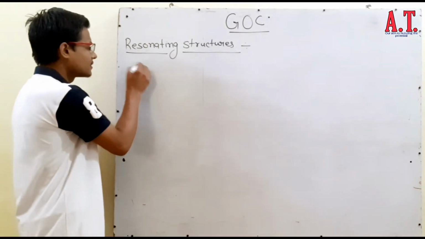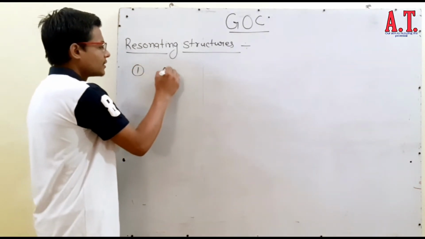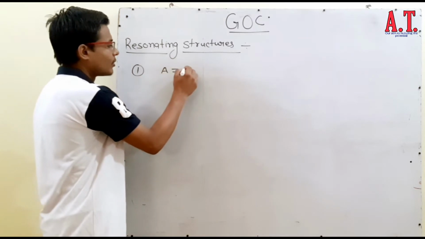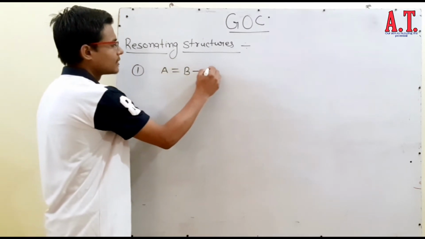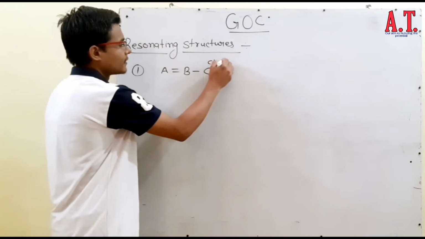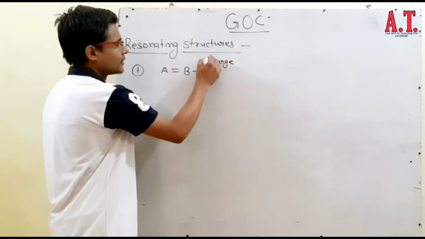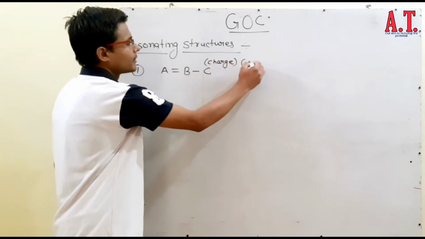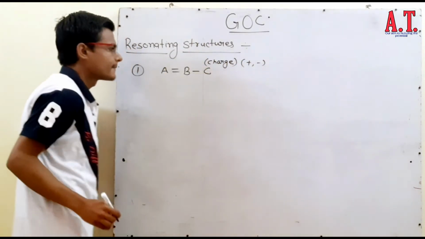So the first is, suppose you have A double bond B single bond C and a charge. It may be plus or negative.